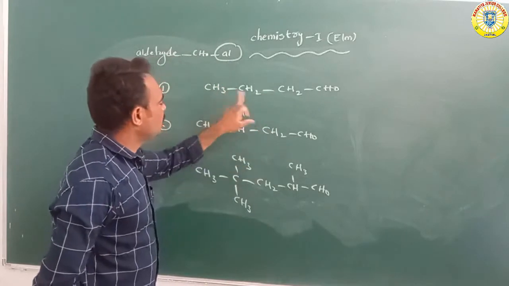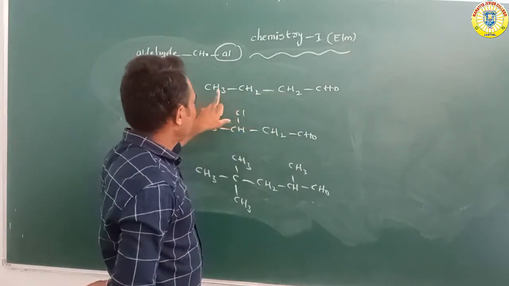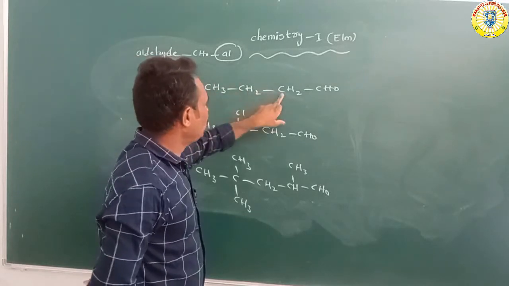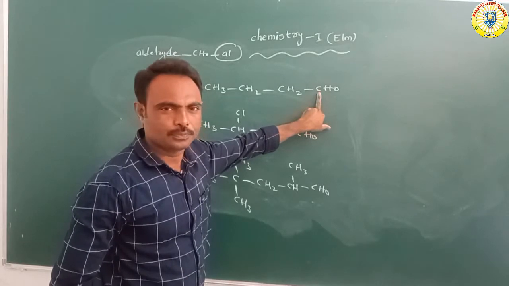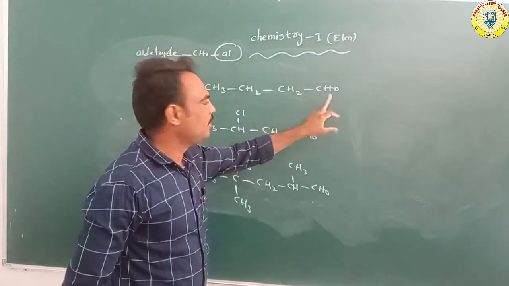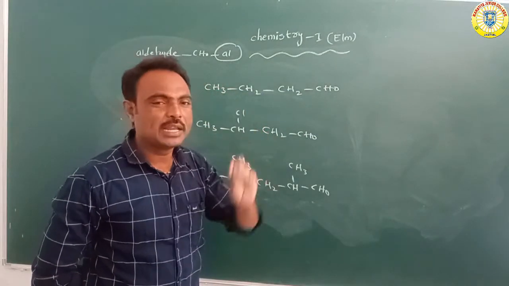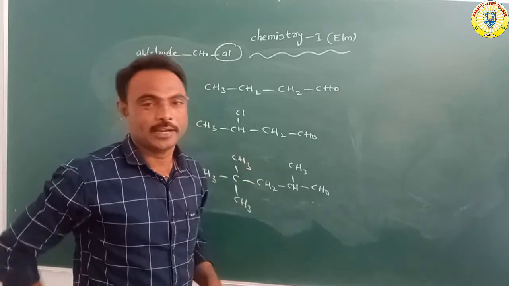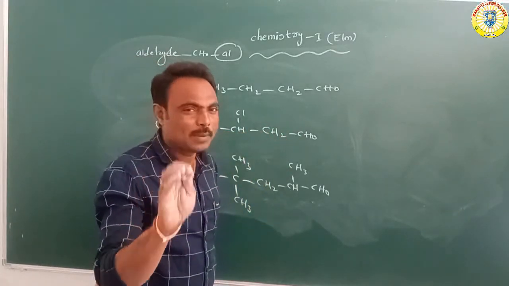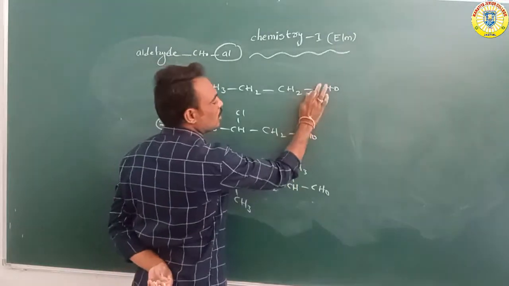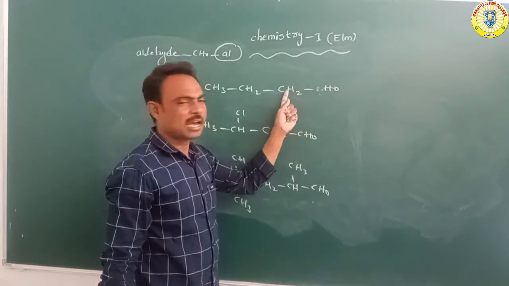So overall, the first example: from the left side 1, 2, 3, 4, the fourth carbon is attached with CHO. From the right side 1, 2, 3, 4, the first carbon. So we give the number from the right side. Suppose it were only attached to OH, we would give the number from that carbon.